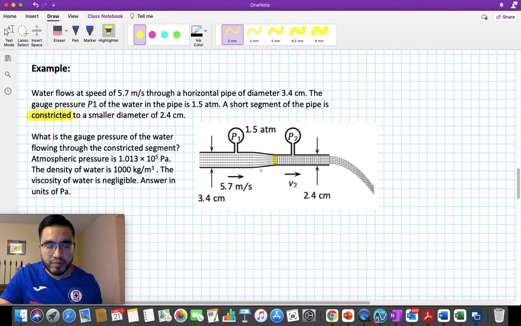It decreases in diameter, and of course, we know it has to do with the cross-sectional area. So we're going to consider this cross-sectional area over here, and then this one. Okay, we have both of them.